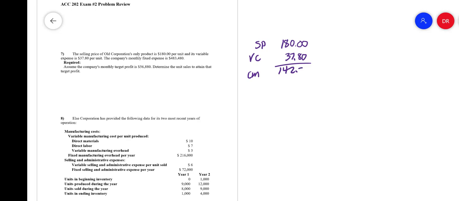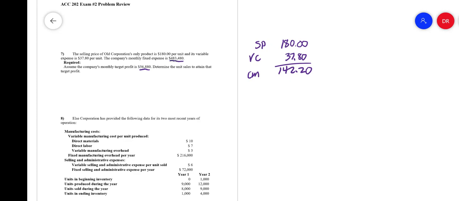Sounds familiar. Now the target profit that they give us is 56,880. The fixed expense is 483,480.